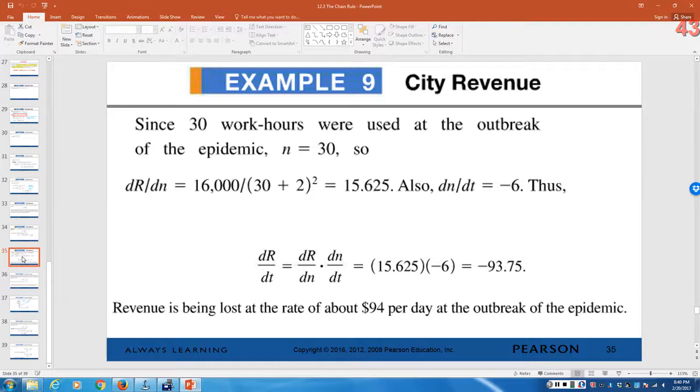And if you go back to the next to the last sentence in the problem, it says during the epidemic the number is decreasing at a rate of 6 hours per week. So the derivative of n with respect to t is -6.